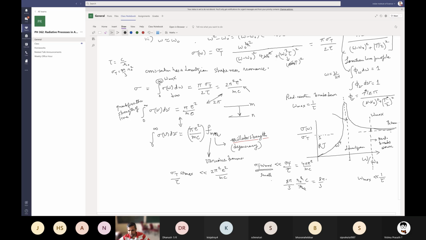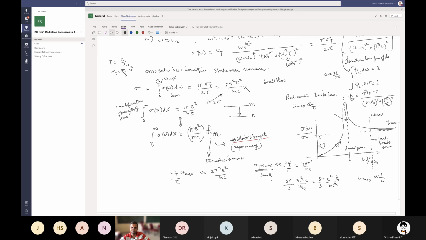R naught was e squared by mc squared times c, right? I'm missing a factor of 2, but you get that, right? You get 8 pi by 3 e squared by mc. So that's this. But the point is, omega max has to be much less than 1 by tau for this treatment, and the area under this portion is at max comparable to this. So that's why this does not blow up.